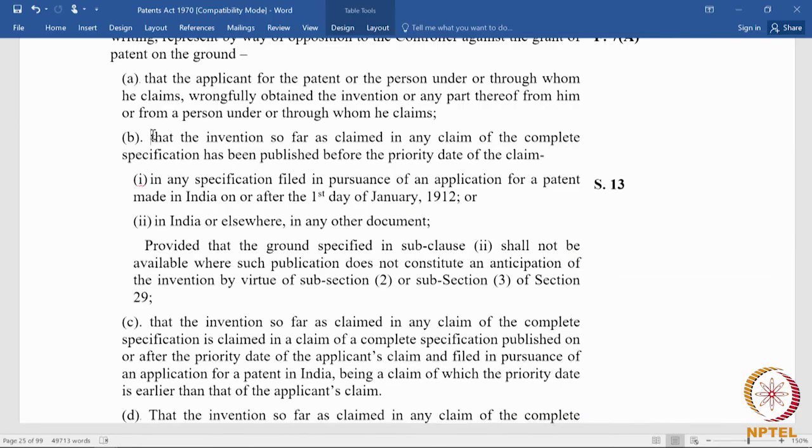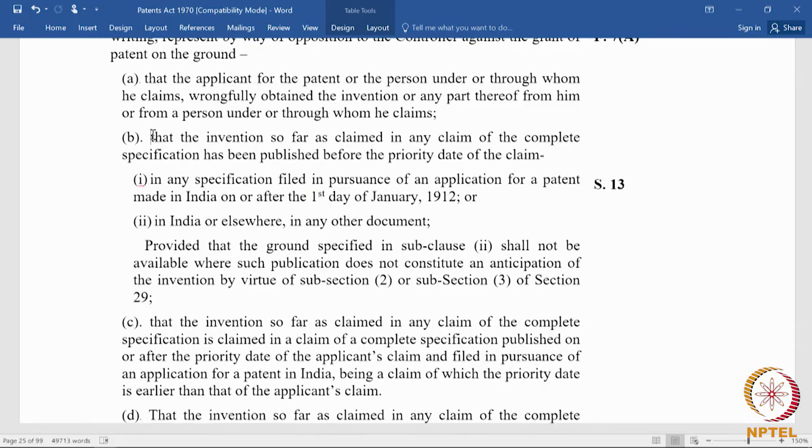So, this cross reference in sub-clause (b) to 29 says that in instances where certain acts do not constitute anticipation, that has to be factored in, and here the specific reference is to 29(3)(2). 29(3)(2) is the cross reference to this provision.